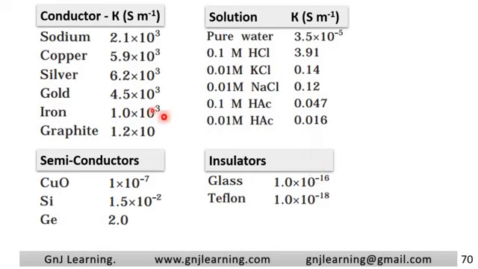So that is the range difference between conductor and insulator. In between them, values like 1 into 10 raised to minus 7, 1.5 into 10 raised to minus 4, and silicon, they range as semiconductors, ranging between high values and very low values.